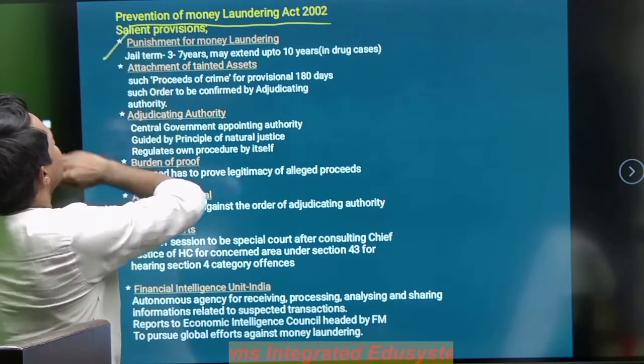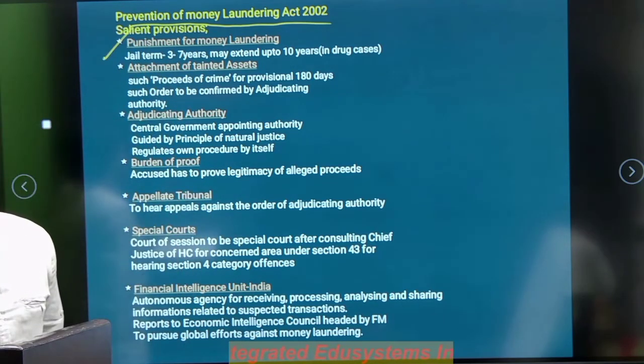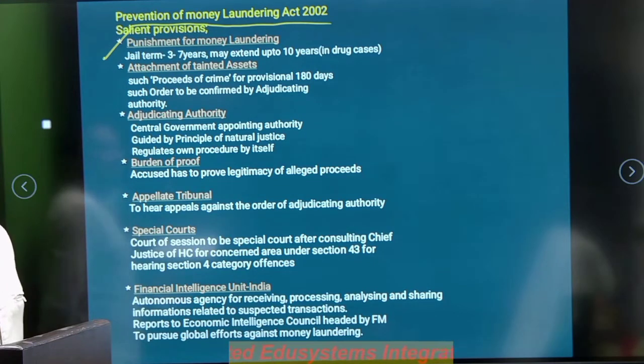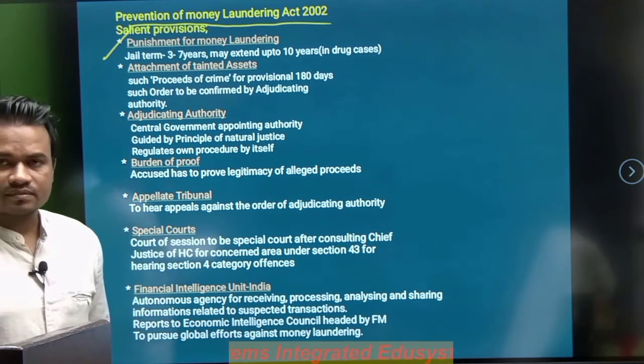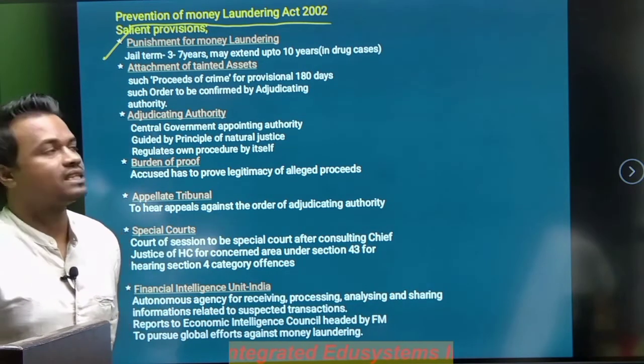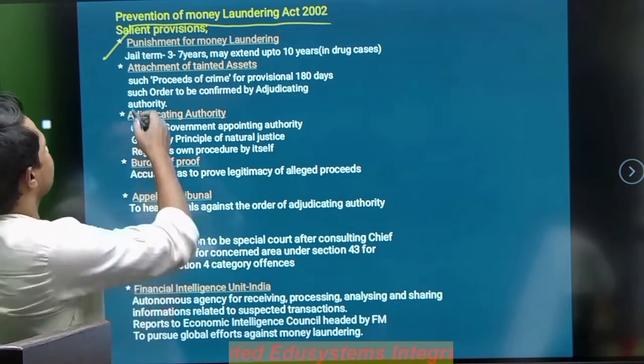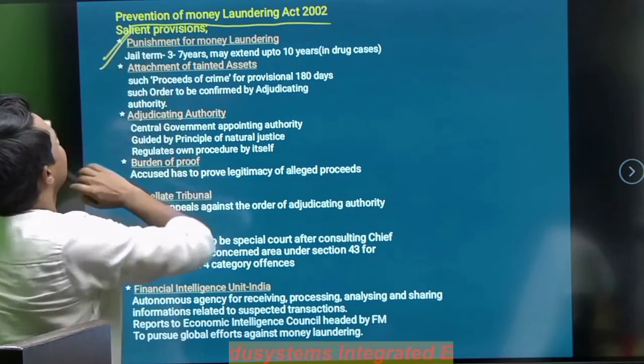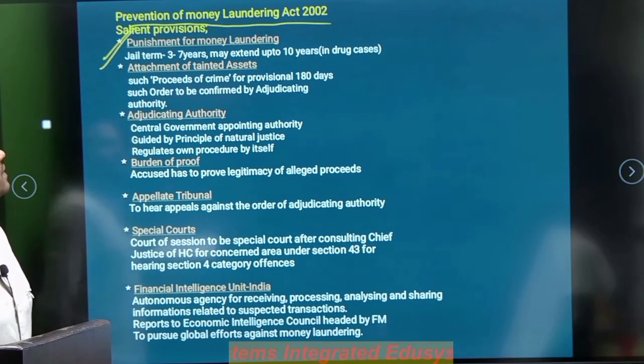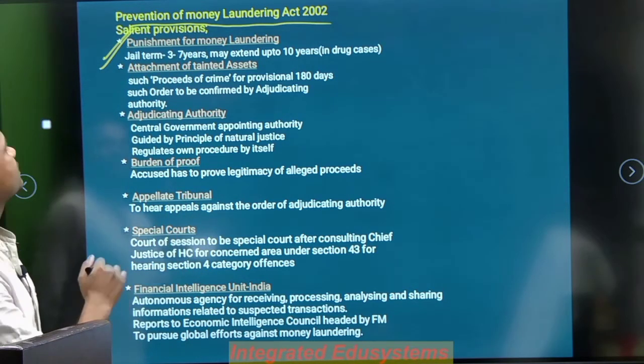The first important feature is punishment for money laundering. Since money laundering is a violation of our constitutional and legal regime in the country, the punishment is mentioned as a feature of this PMLA Act 2002.